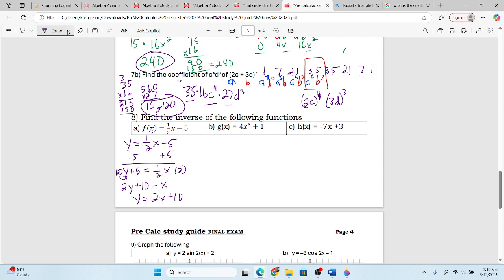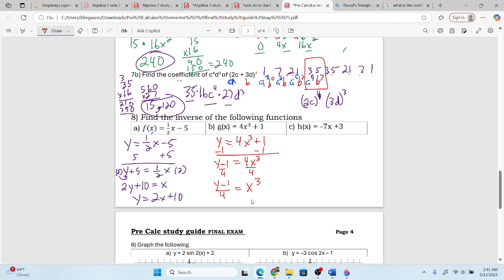So what about this? Let's look at the next one. So this one, I'm just going to make this y equals 4x to the third plus 1. First thing I'm going to do is subtract 1 from both sides. I'm going to have y minus 1 equals 4 times x to the third. Next thing I'm going to do is divide by 4. So now I have y minus 1 over 4 equals x to the third power.